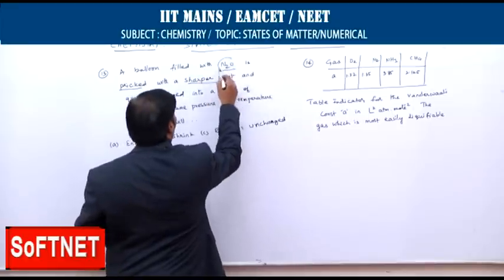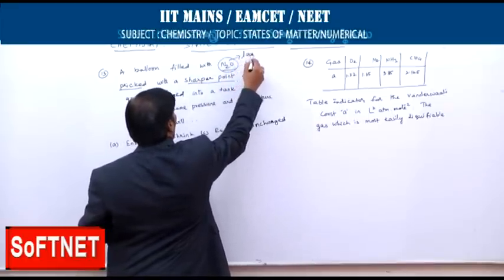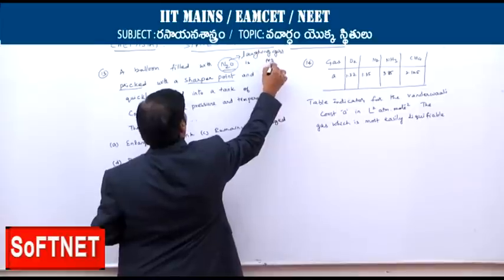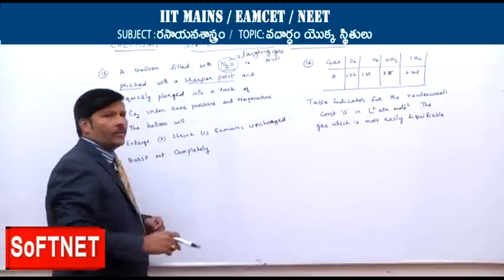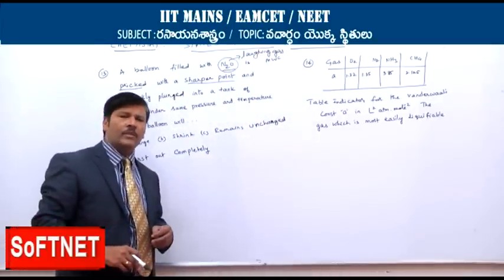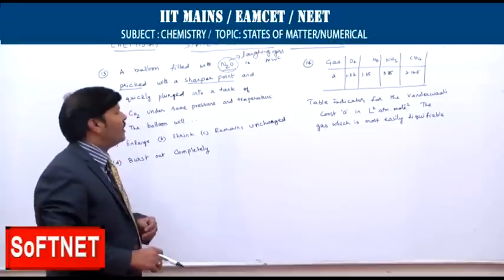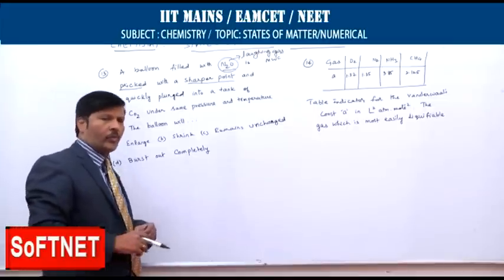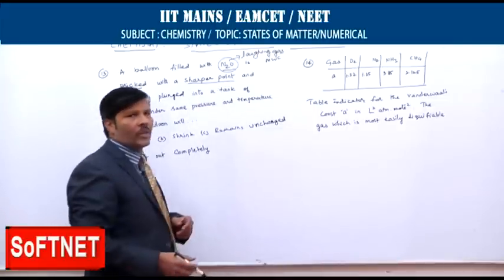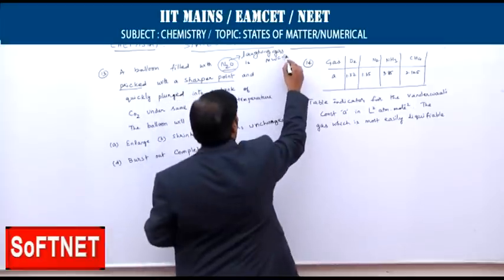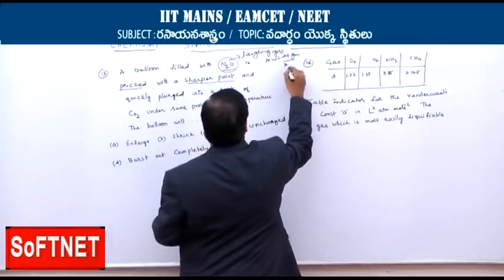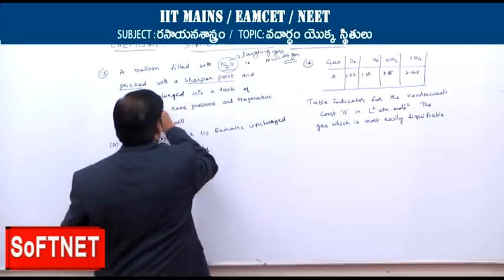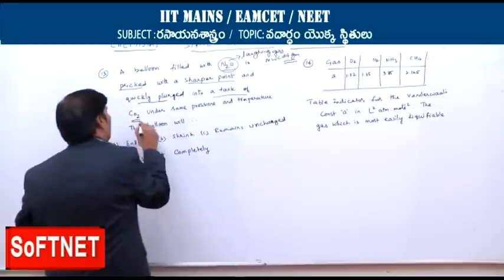Filled with nitrous oxide means this is laughing gas, whose molecular weight is, each nitrogen atomic weight is 14 and there are 2 nitrogens, so 28, and oxygen 16, so molecular weight is 44 grams. Okay, fine. So 44 grams we will take.